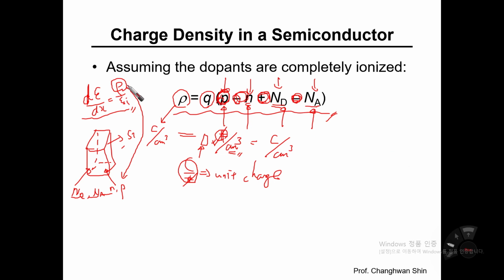So in Poisson's equation, this rho has been rebuilt as q times (p minus n plus ND minus NA). If acceptors are not included in your silicon sample, then you can just plug in zero for this term. Okay, all right.